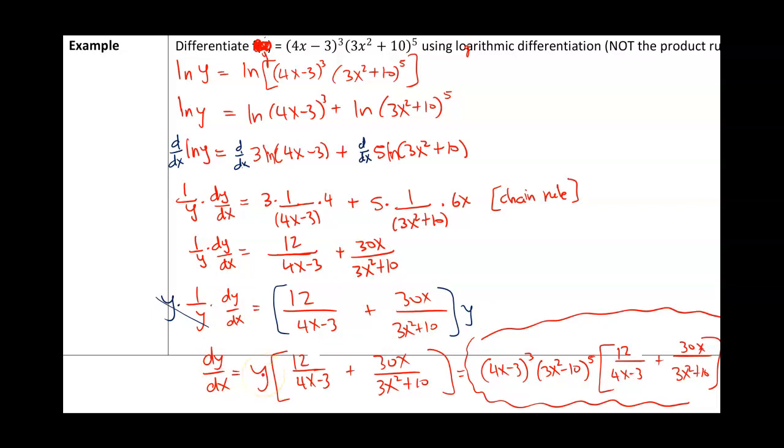We want everything in terms of x. So from the original function, y equals (4x minus 3) cubed times (3x squared plus 10) to the 5th, I'm going to replace the y with that. So this here is going to be your y, and then you have that bracket from the previous step.